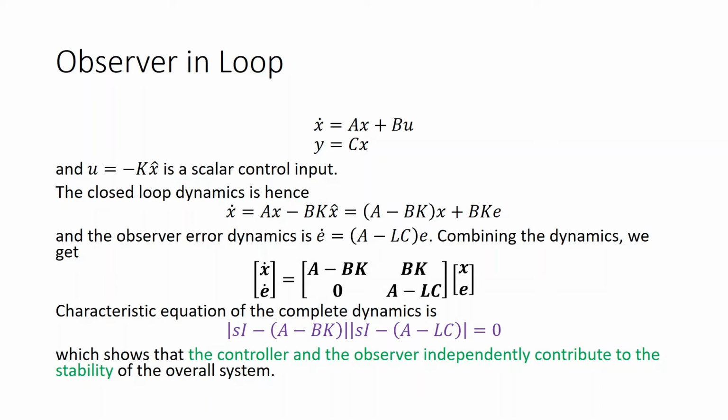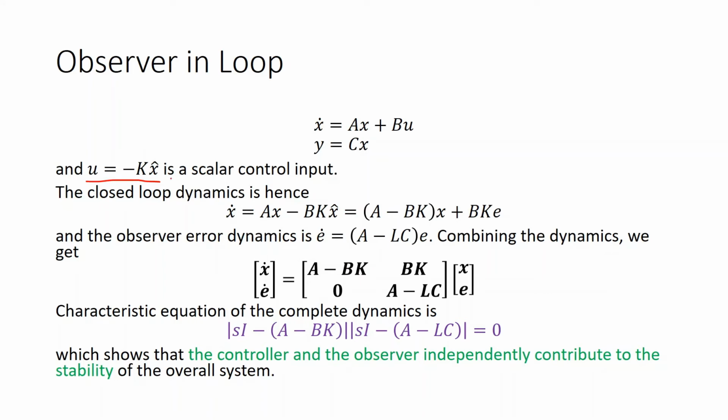So u is basically minus K x hat here. It is not obvious that if I had used x, I had already proven that it would be stable, but if instead of x I use x hat, then also the system will be stable. It is not obvious. So we have to prove it.